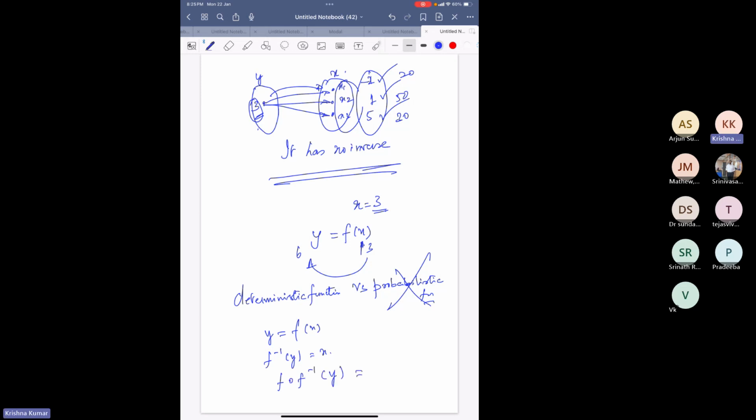What will be the answer? It's y. Yes, sir. f inverse of y is equal to x, f of x is equal to y. So I get back this answer as y. Clear? Any questions?